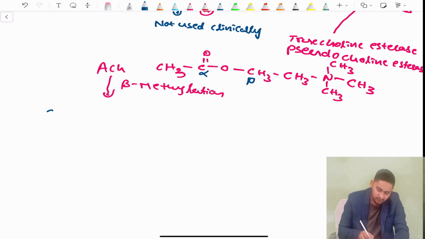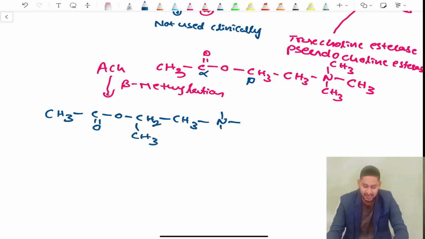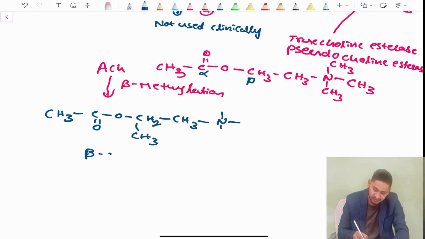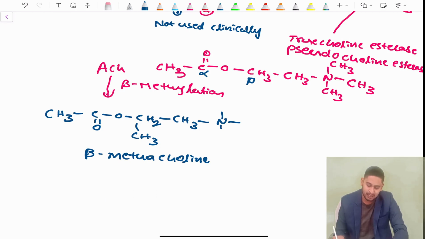Now see which particular drug comes here. Making methylation at the beta position gives a drug called methacholine. Beta methylated acetylcholine is called methacholine.